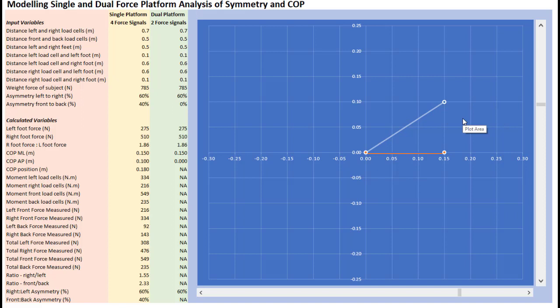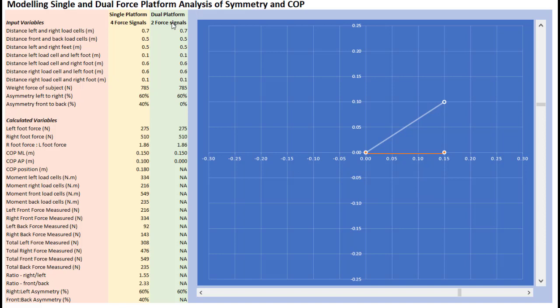So in summary, single platforms and dual platform systems have their advantages and disadvantages. Certainly a single platform with 4 force signals can accurately track the center of pressure with weight shifts in both the anterior-posterior and mediolateral planes. And this, of course, is excellent for determining asymmetries between the left and right as well.